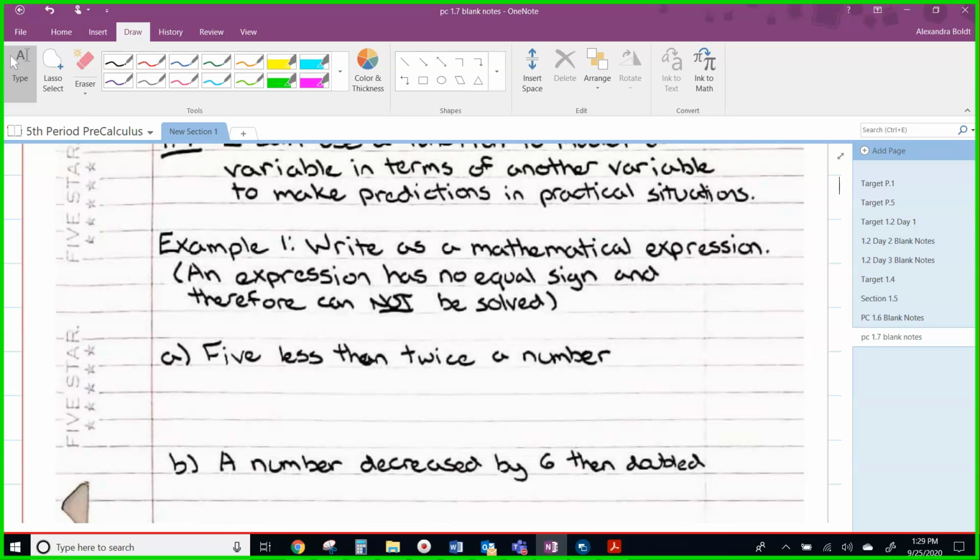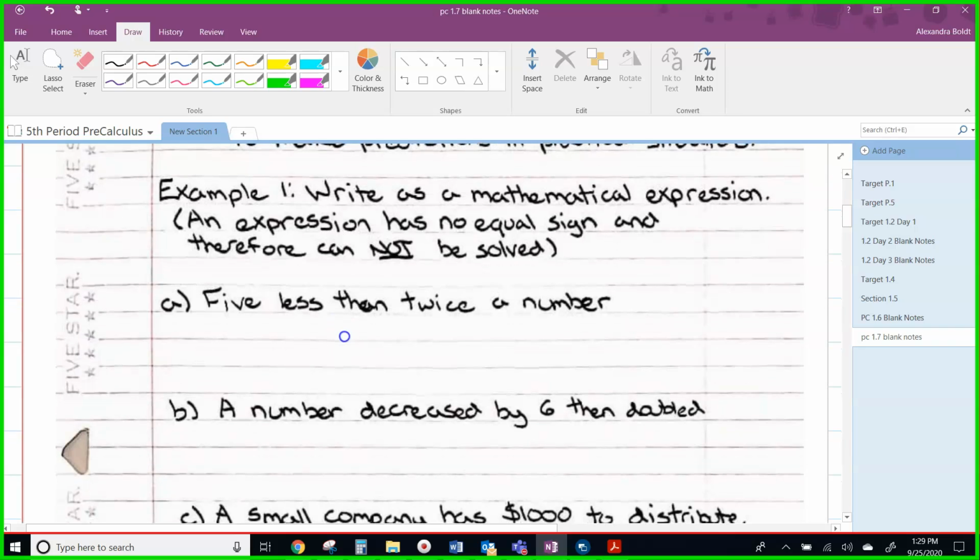Looking at A, we're going to do 5 less than twice a number. Well, this number is always my variable. I'll call that X. So I want to do 5 less than that, so I know I'm going to be subtracting 5.